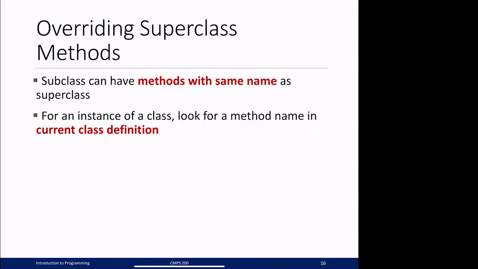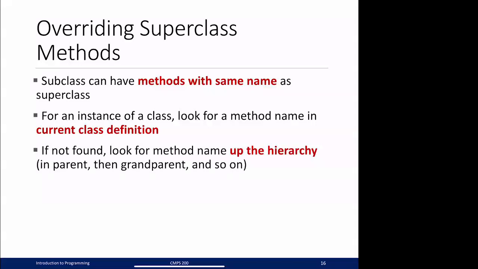It's going to look for the method name in the current class definition. Yeah, so I know C is a cat, then I'm going to look at the method name in cat. If it's defined, I use it. If it's not defined, I go up one level. So, check the parent. Does this method exist in the parent of this subclass? If yes, I use it.